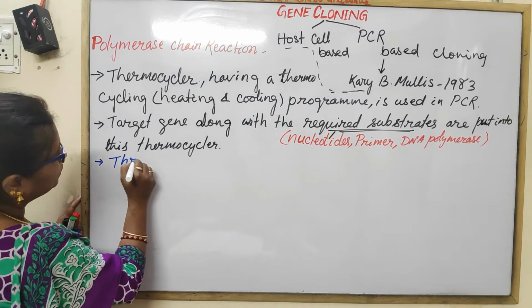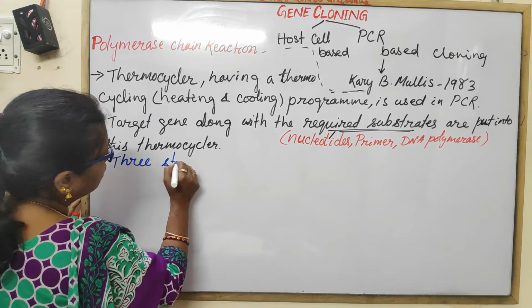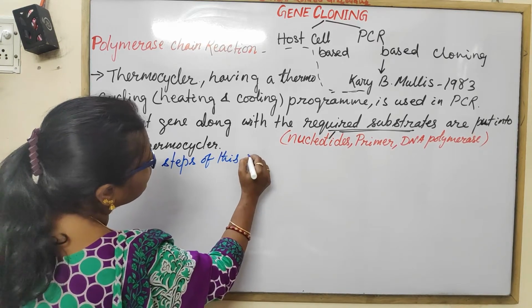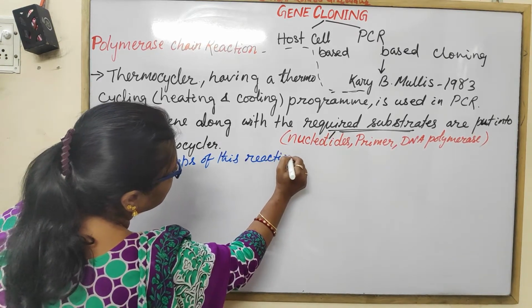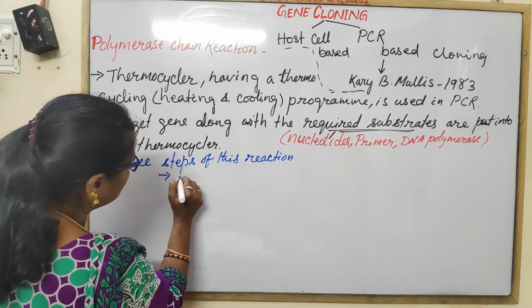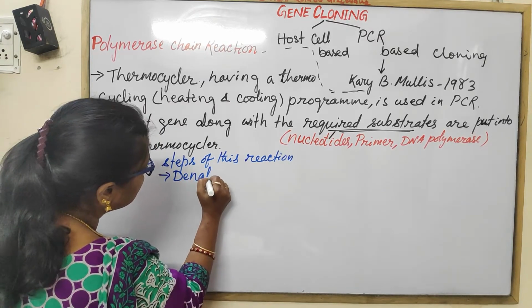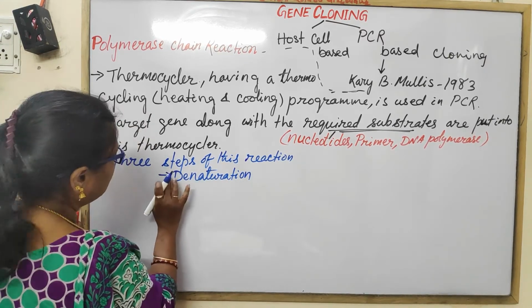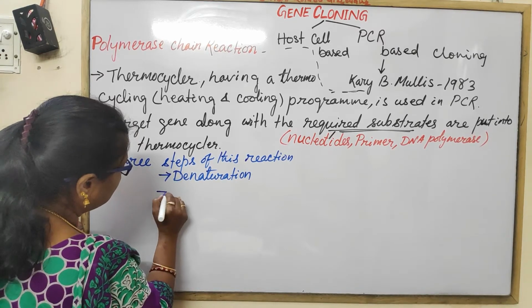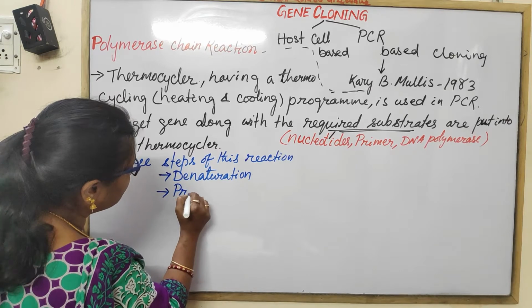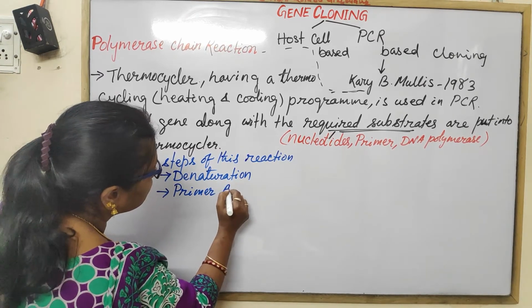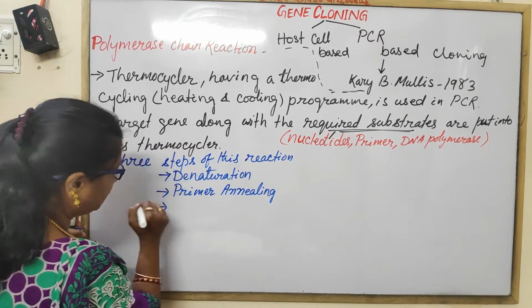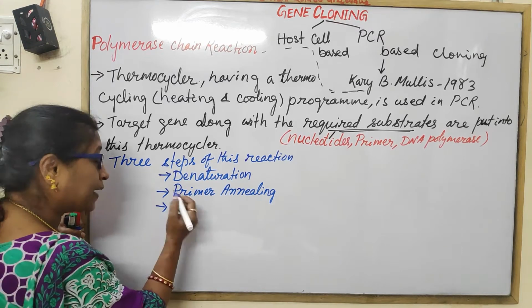The three steps of this polymerase reaction are the denaturation, then the primer annealing, and the extension.